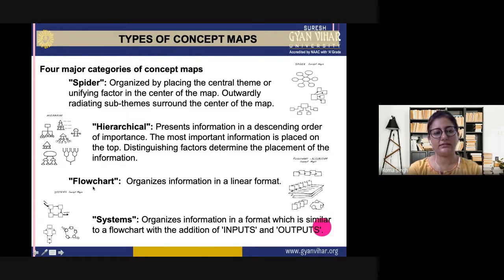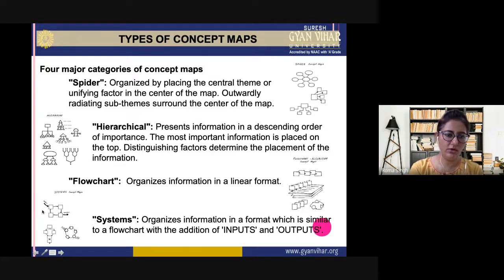Then the next kind is the flowchart form, in which the information is organized in a linear format. This is how, in a linear format, in a proper line, in a proper procedure, it is shown. Then there is the systems type of concept mapping, in which information is organized in a format similar to a flowchart, but there are certain inputs and outputs.